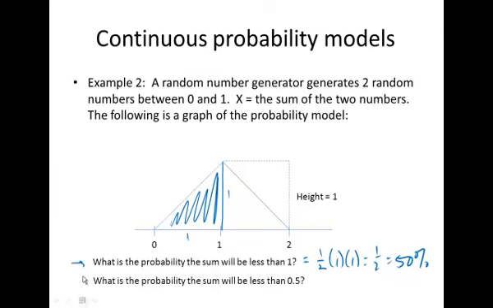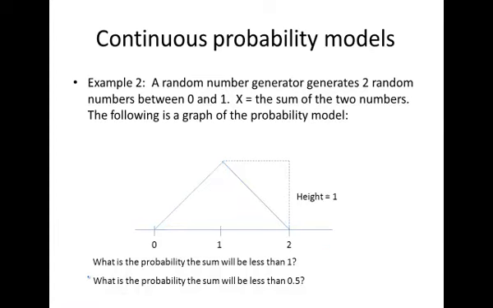And what's the probability that the sum is less than 1/2? Okay, less than 1/2. Well, here's 1/2, about right here. Again, not exact. Okay, the base, hopefully it's clear that it's 0.5. So the area of that little chunk is 1/2 the base.